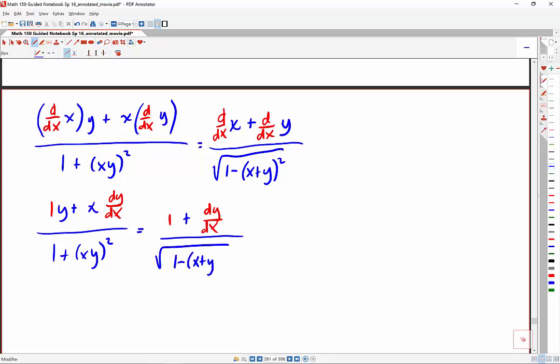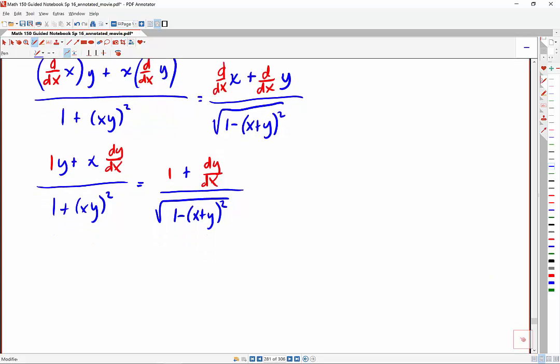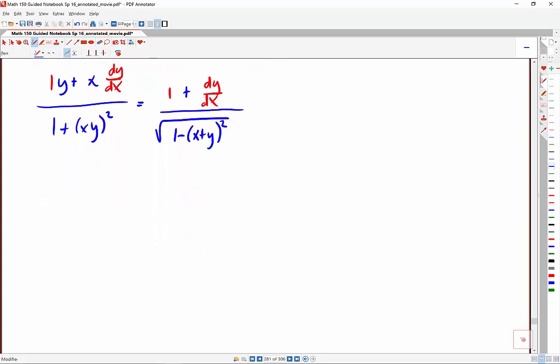Okay? All right, so now, here we go. Now it's all about simplifying. So let's go ahead and we'll clear out those denominators. So what's going to happen is we'll end up with y plus x times dy/dx.